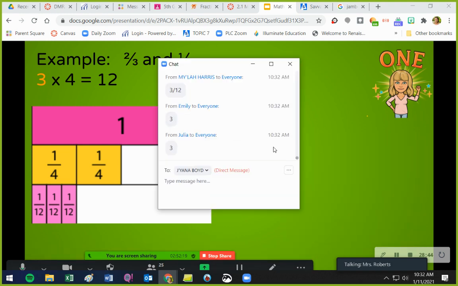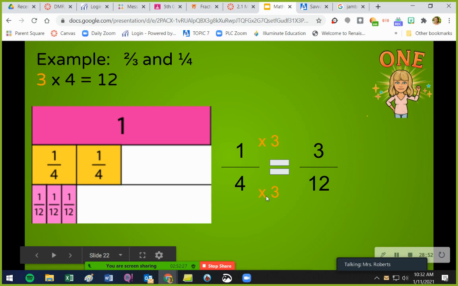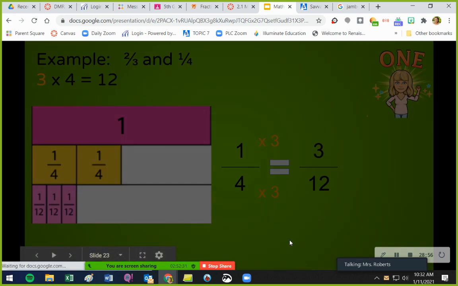Couple people putting in the chat. 3, good. All right, let's prove it with the math. 4 times 3 is 12. That's how we get the bottom number. Whatever I do to the bottom, I do to the top. That's how I get the equal fraction.